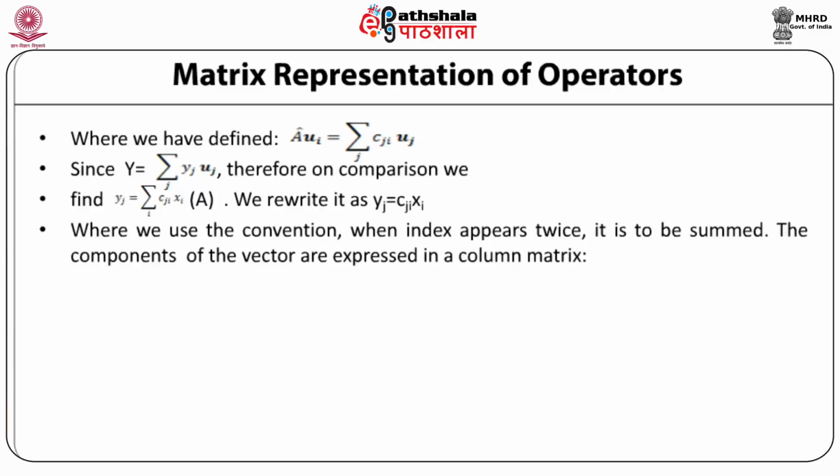And the numbers cji are represented by an n cross n matrix, given as: within the matrix you have the elements c11, c12, c13 and so on till c1n, then c21, c22, c23 and so on till c2n, then c31, c32, c33 and so on till c3n, and so on till we reach the nth row cn1, cn2, cn3 and so on till cnn.